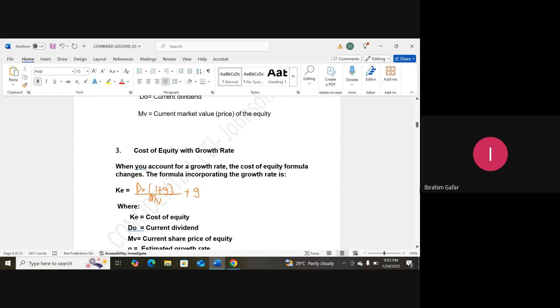That is what I explained last week: we don't need the market value cum div, rather we need the market value ex div.